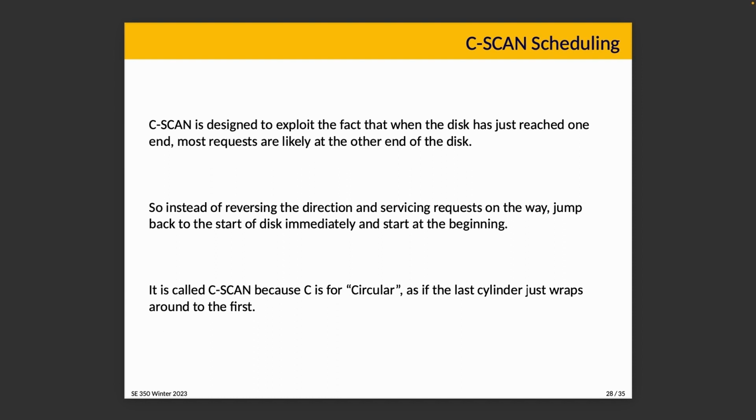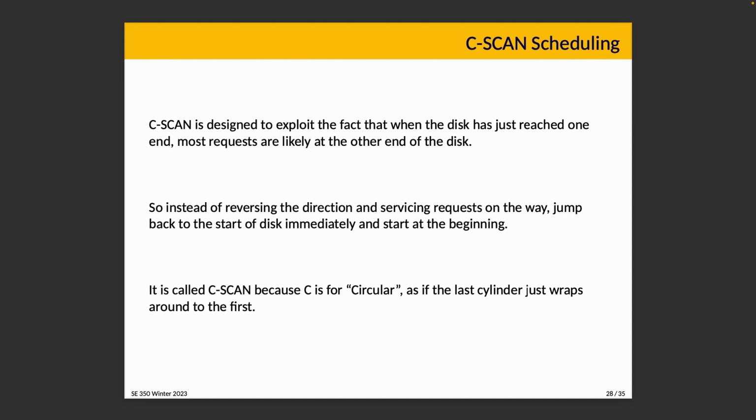And that's the idea behind the C-SCAN algorithm. Instead of reversing the direction and then servicing requests on the way, we jump back to the beginning of the disk, and we are always then going in the ascending direction. Okay, it's called C-SCAN because C is for circular.